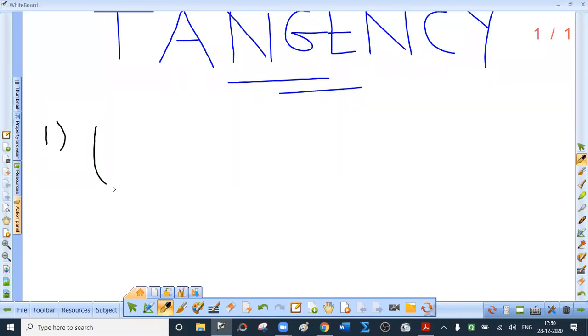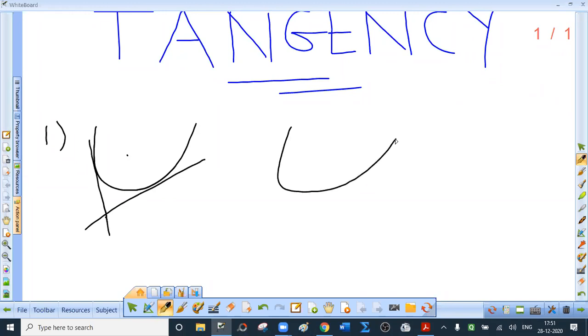Suppose this is the curve. If the point lies inside the curve, no tangent can be drawn. If the point lies outside the curve, you will notice, see, this point lies outside the curve. So this is one tangent and this is the other tangent. But if the point lies on the curve, see, this is the point, then only one tangent can be drawn.